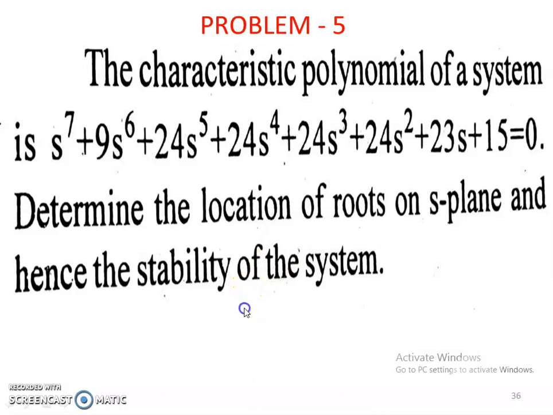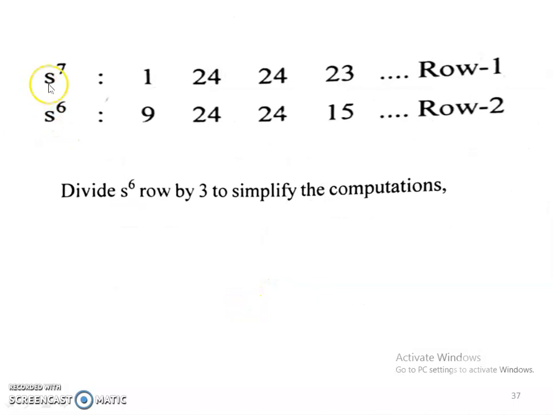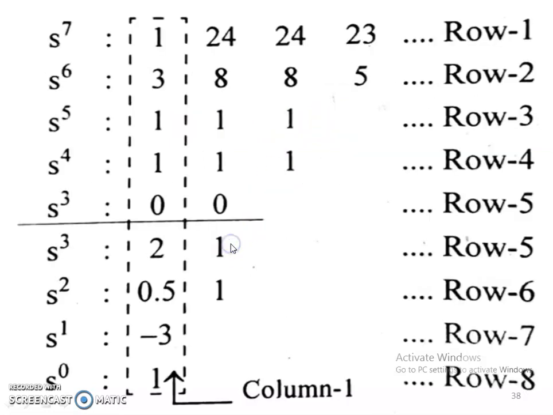This is the question. First we have formed the first row and second row. The second row we can divide by 3, because you have 9 here, then 24, 24, 15. So 3, 8, 8 and 5.